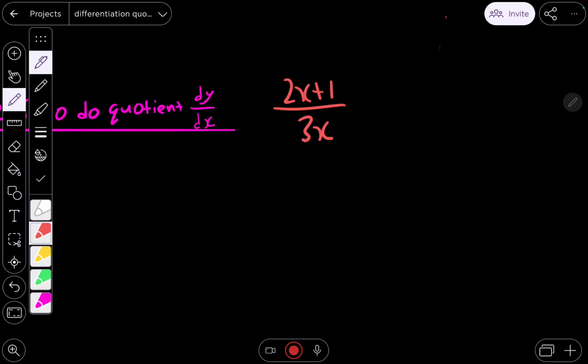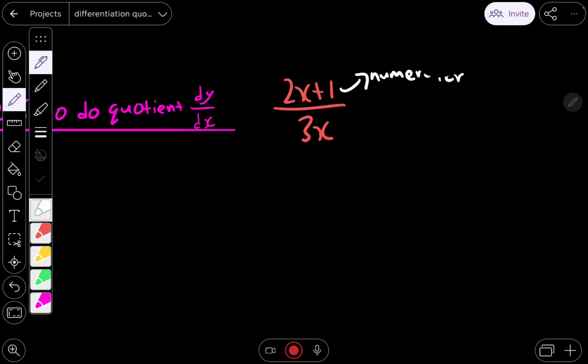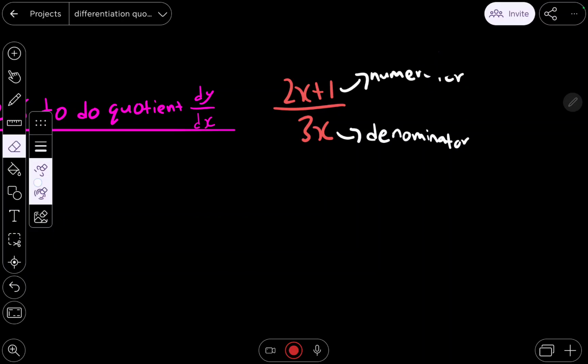Okay, so just to let you know, I'm going to call this the numerator, and then I will call the bottom the denominator. But how would I call it, right?